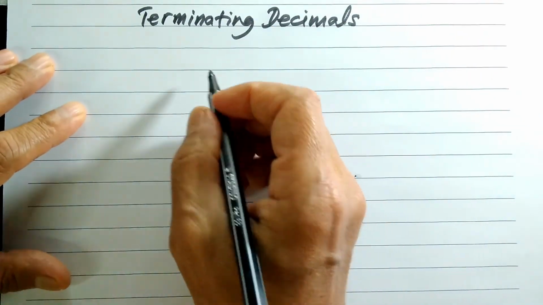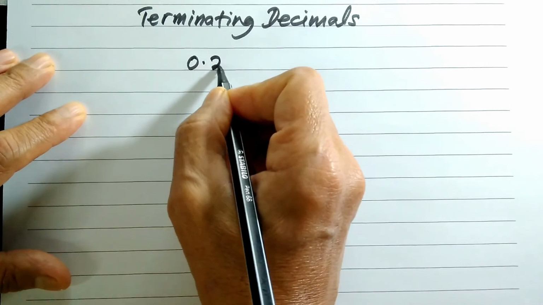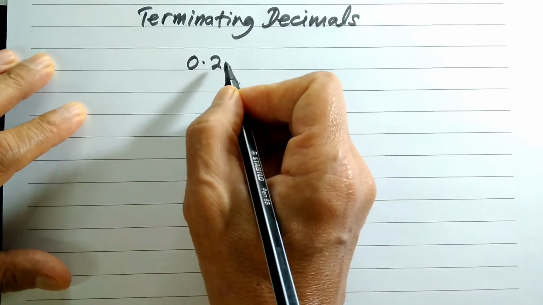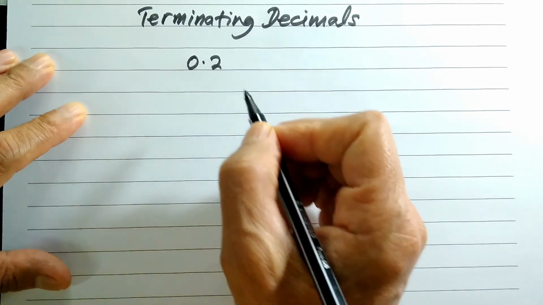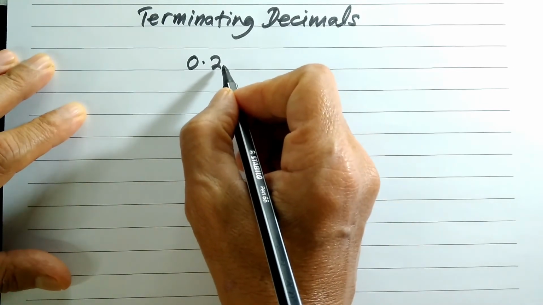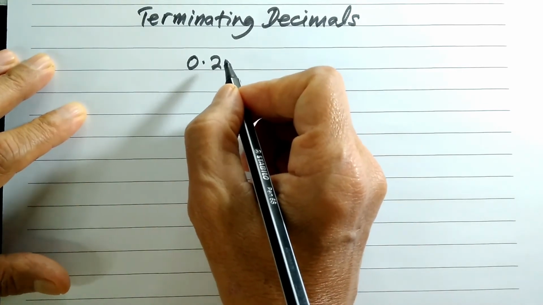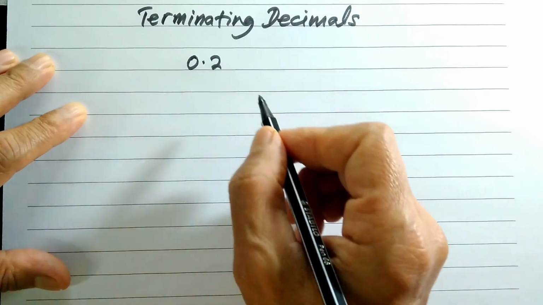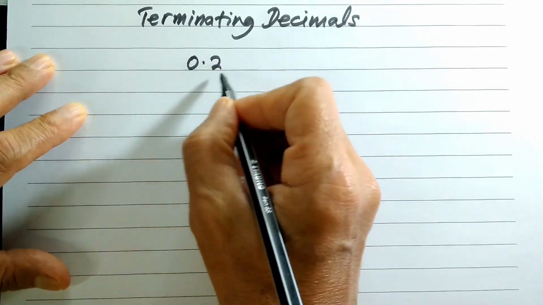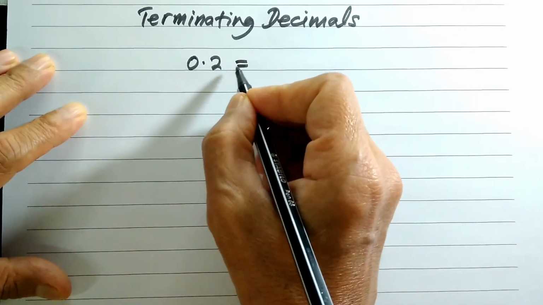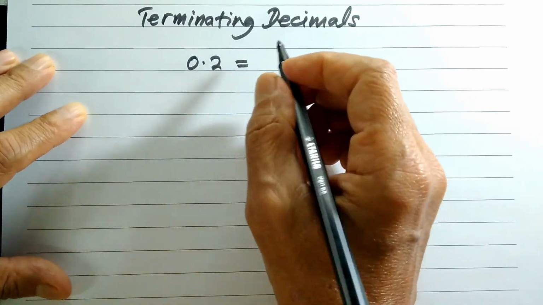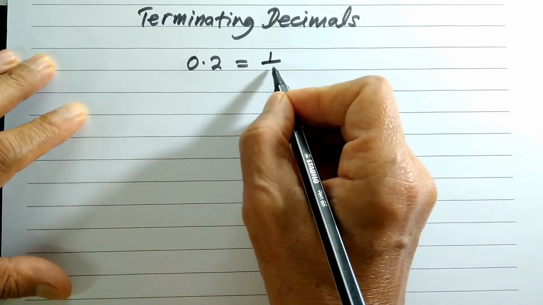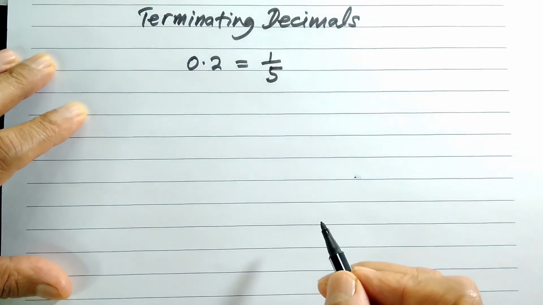For example, if we have 0.2, it stops. There is no other digit after 2. This means the decimal terminates, ends after 2. Is this what we call a rational number? The answer is yes, because it terminates after 2. So this one is actually 1 over 5, right?